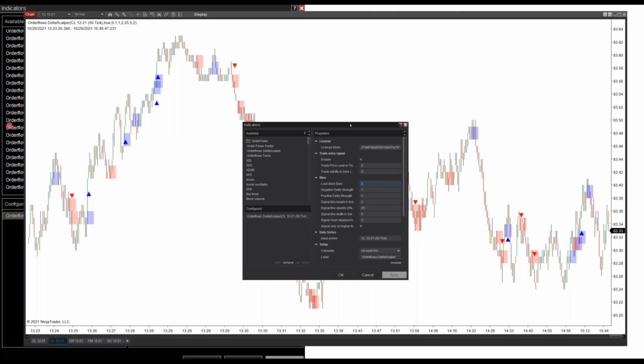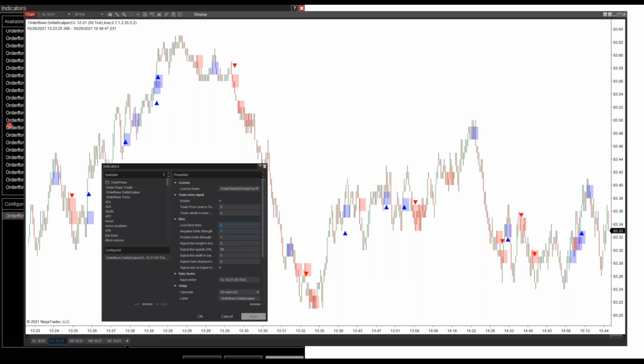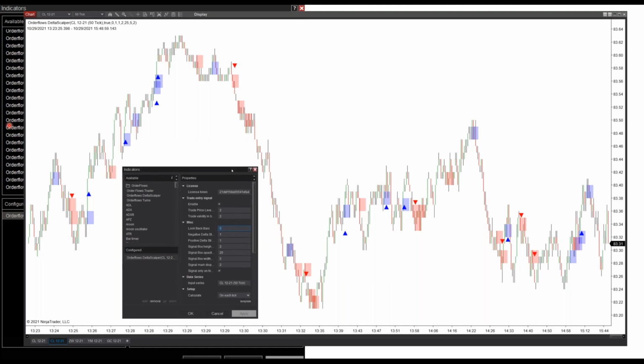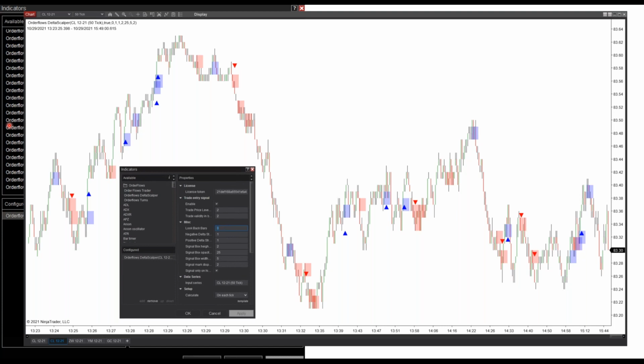Okay, so let's take a look here. I'm going to change this to 1. So you're seeing there's buys, buys, buys, these sells, some buys, etc. If I hit apply, it's going to change it.